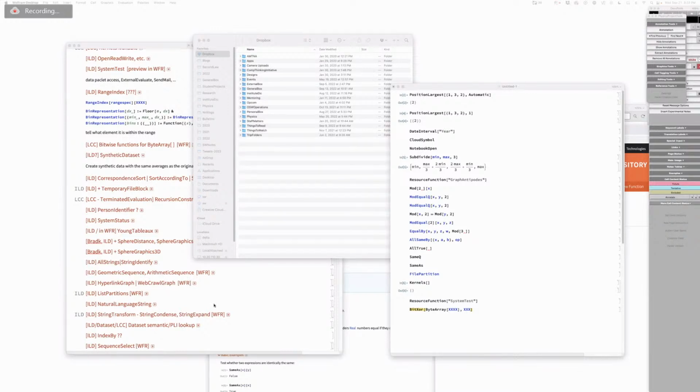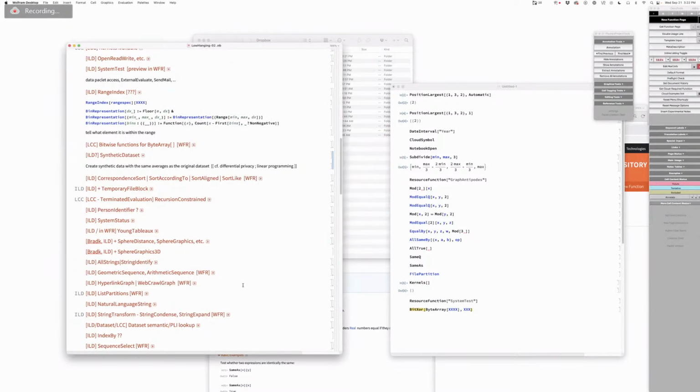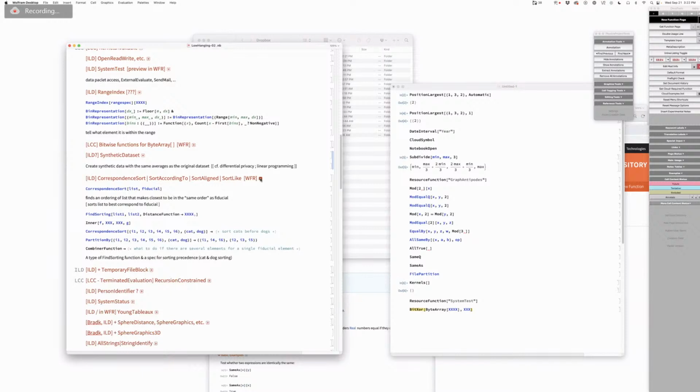Okay. All right. It's a bit similar to correspondence sort. Has this been WFR'd or is this proposed to be WFR'd? The WFR tag there is a proposal to WFR. Sort like is WFR. I made it. What does sort like do?